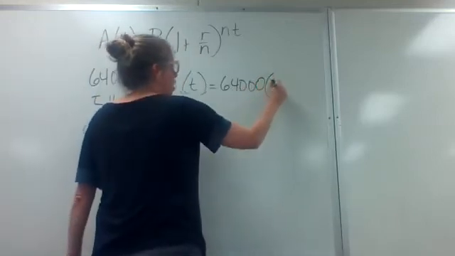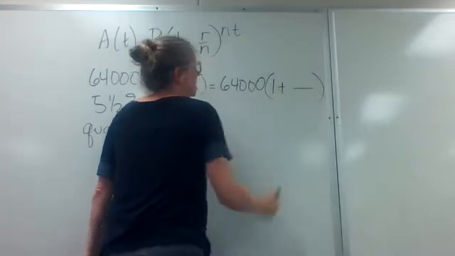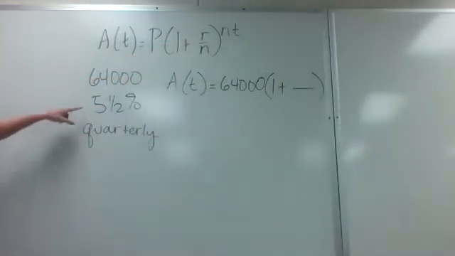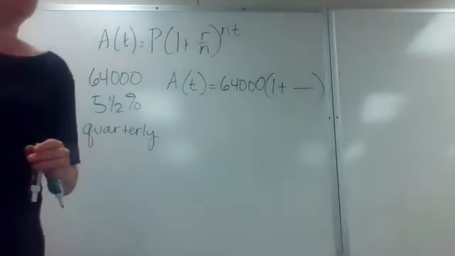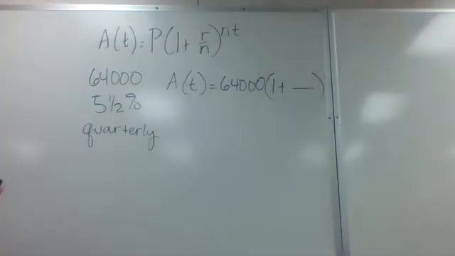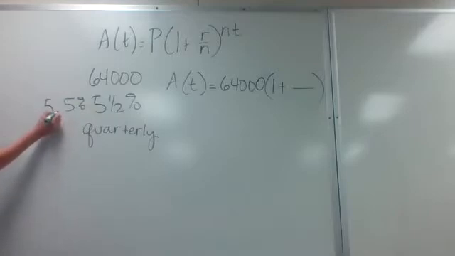Open parentheses, 1 plus. Now, the R is going to be your interest rate, which is 5.5%, but we need to change that to a decimal. To change 5.5% to a decimal, I need to move this 2 places to the left.